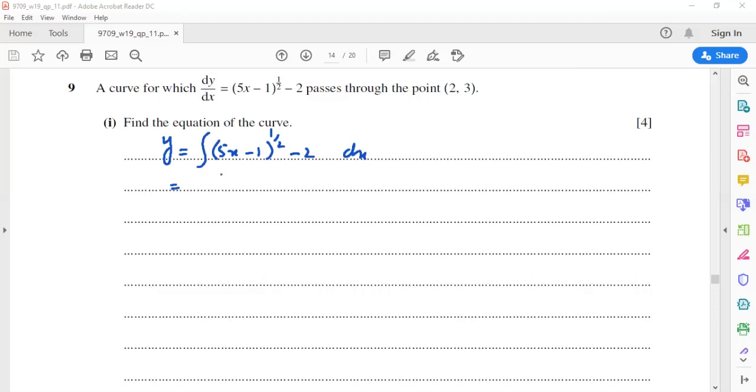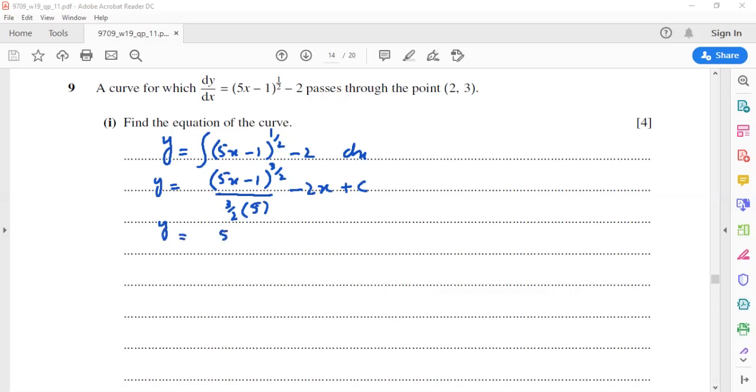So it's going to be (5x minus 1) power 1 over 2 plus 1, which is 3 over 2, divided by 3 over 2 and into the derivative of this, which is 5, and minus 2x plus some constant of integration c. Let's do a little bit of simplification.